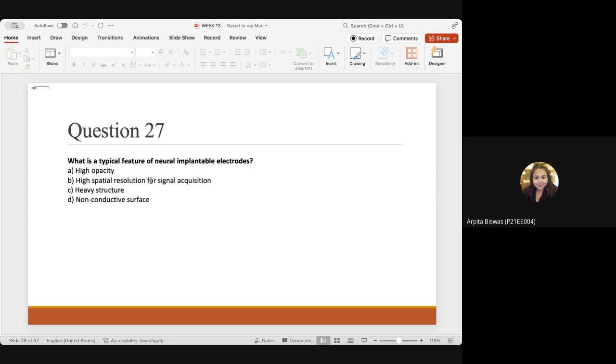So next, moving toward question number 27. What are the typical features of neural implantable electrodes? First option is a high opacity. Second is the high spatial resolution for signal acquisition. Option C is the heavy structure, and option D is the non-conductive surface.